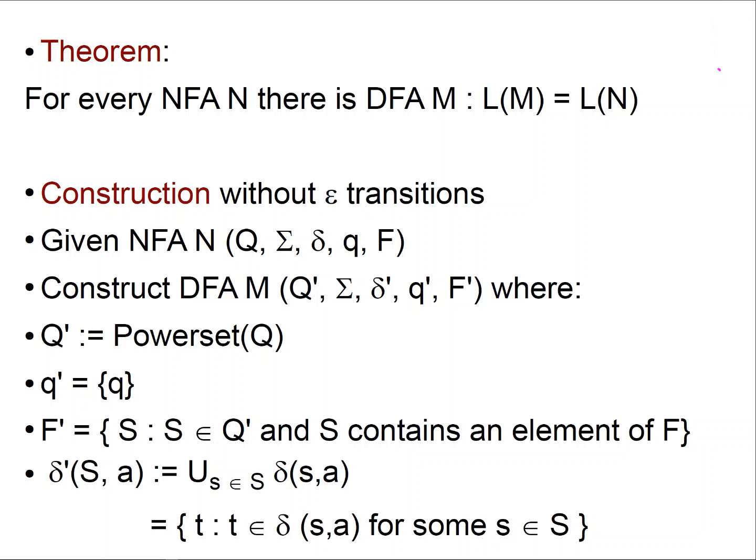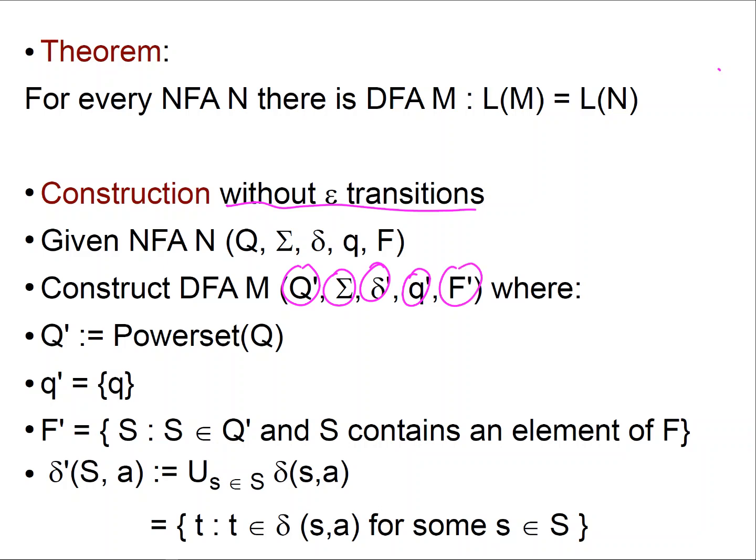And first, we're going to consider a construction without the epsilon transitions for simplicity. Given an NFA N, we're going to construct a DFA M, which has a different set of states, the same alphabet symbols, and some transition function delta prime, start state q prime, and set of accept states F prime.